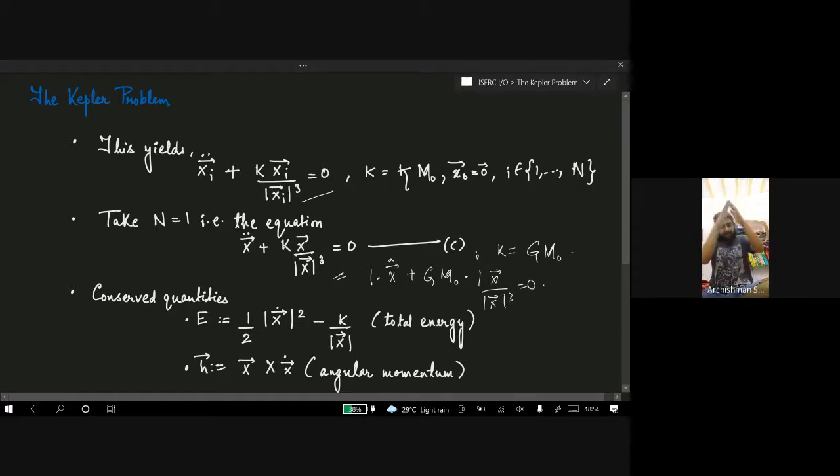And if it is, I can place my entire problem in the xy plane, because by definition of angular momentum, the position vector is perpendicular to the angular momentum. So the position vectors lie in the xy plane. And we'll find that this is important a while later.